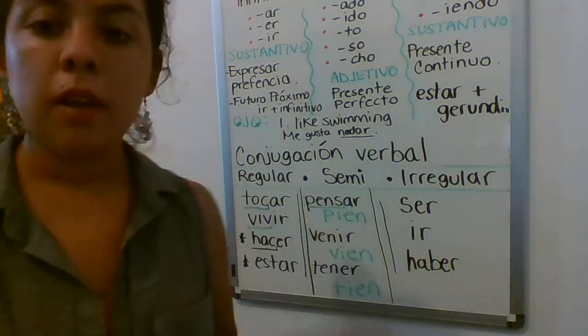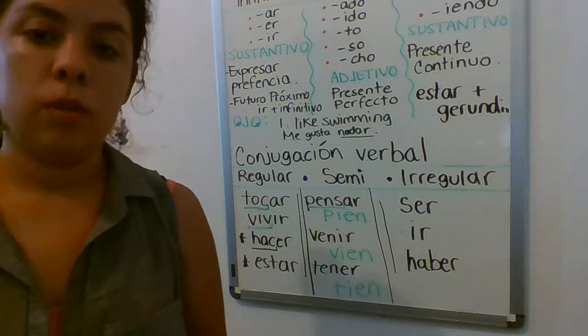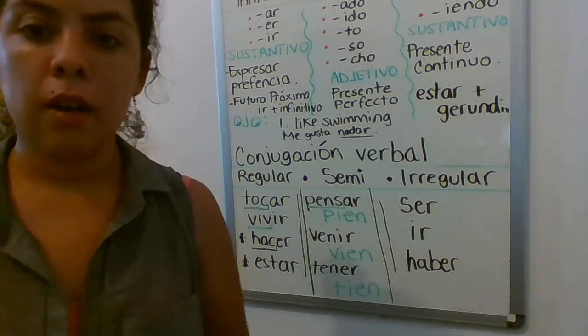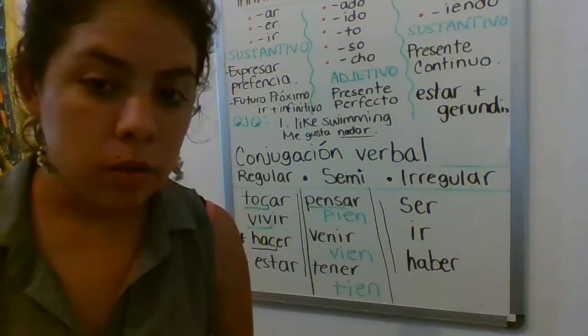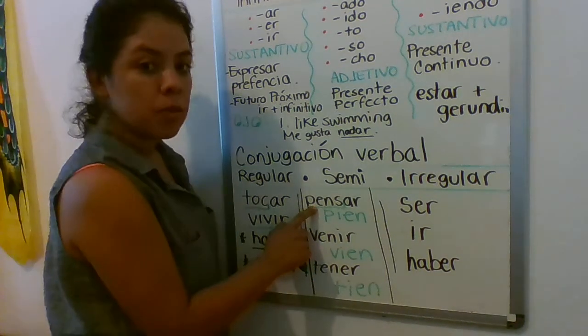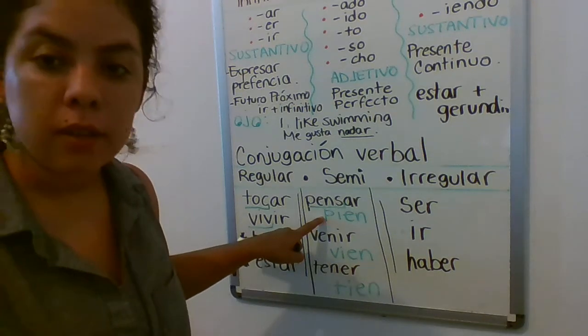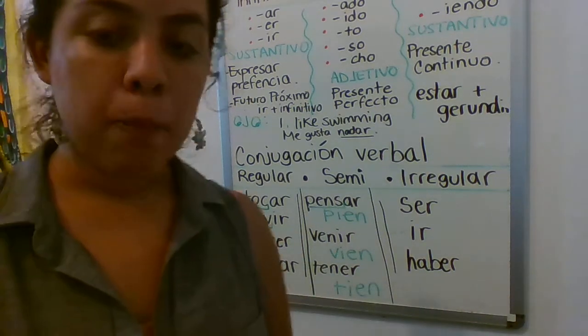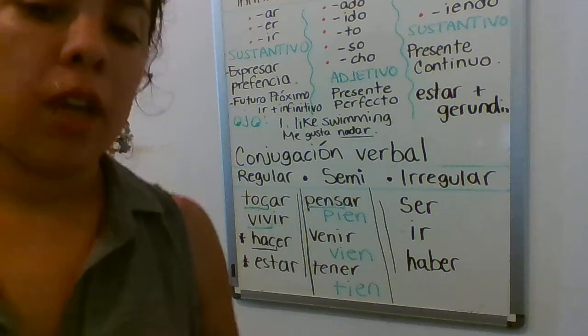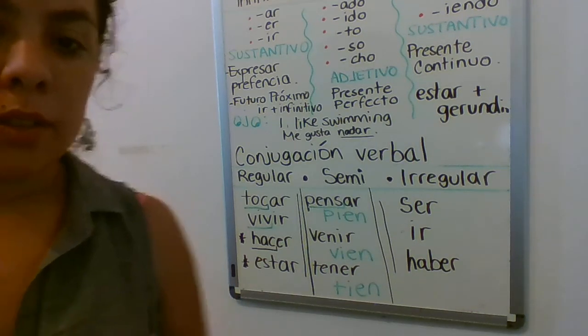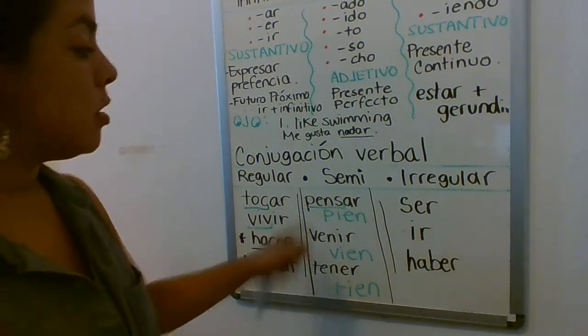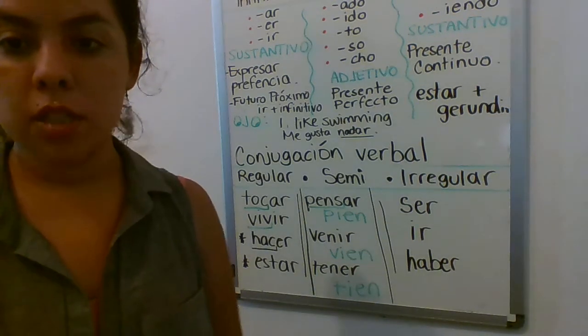Okay? Listen. Yo pienso, tú piensas, él piensa, nosotros pensamos, ustedes piensan, ellos piensan. Nosotros is a very regular person. So the stem is going to go back to the original one, but the rest are going to change.